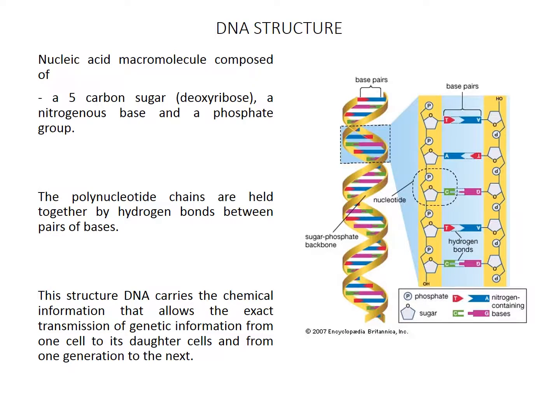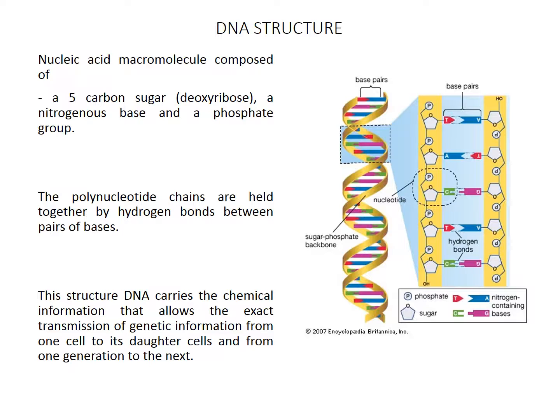So what is this DNA structure? Because you need to understand the DNA structure in order to understand how gene transcription and gene translation happens. So the DNA structure is a polynucleotide of nucleic acids, which is composed of the 5-carbon sugar, the deoxyribose, a nitrogenous base, which can be a purine or a pyrimidine base, and then a phosphate group.